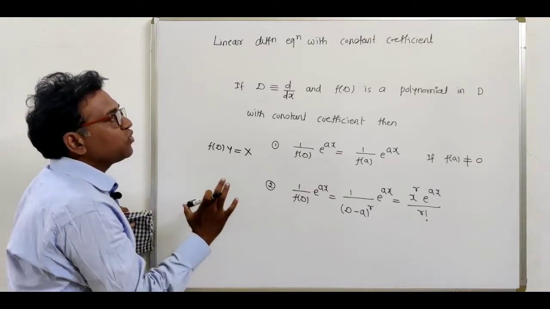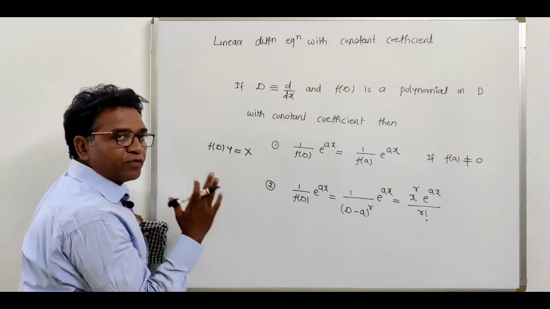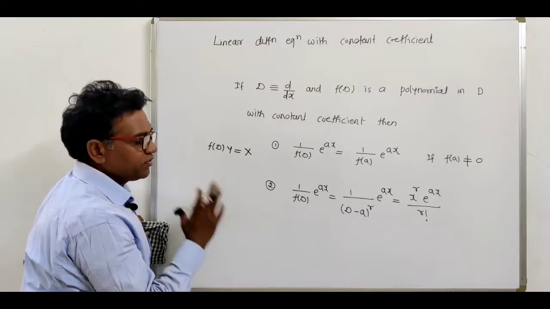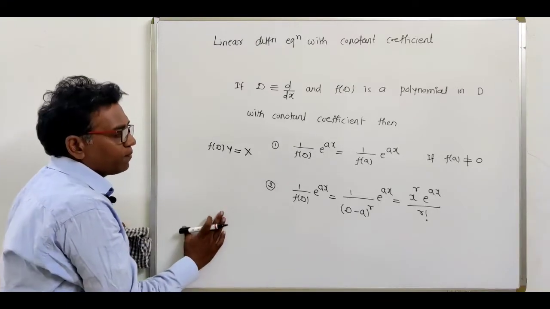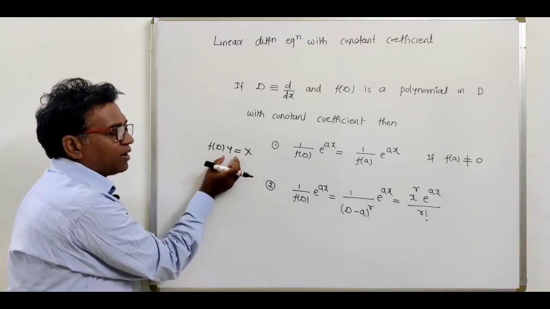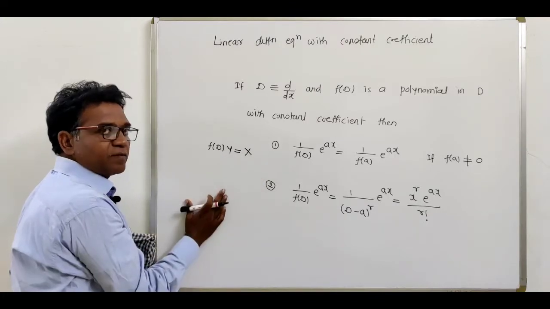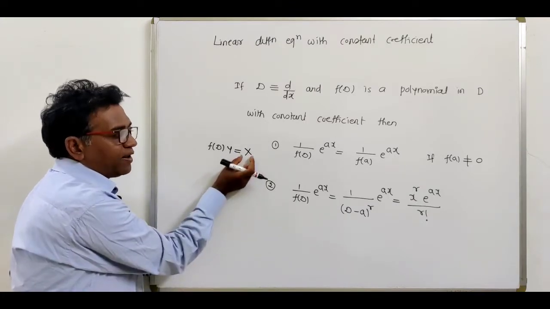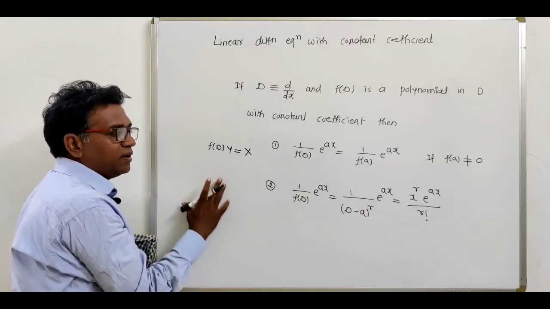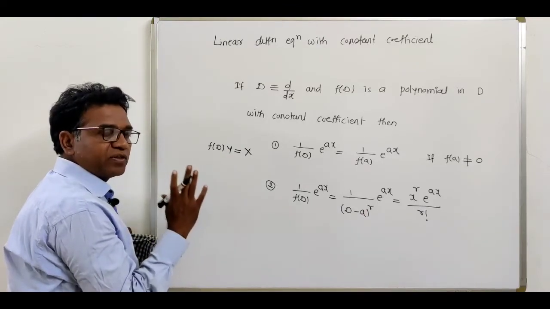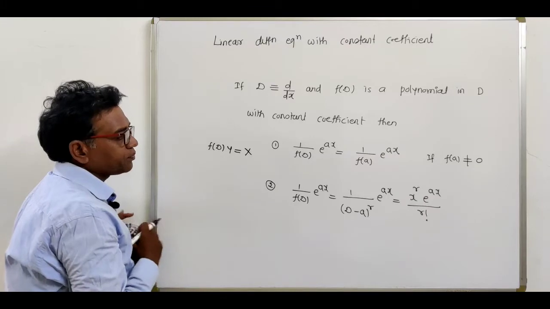See what is the definition of linear differential equation with constant coefficient. A differential equation of the form f(D) y equal to capital X, where capital X is a function of x alone, is called a linear differential equation with constant coefficient.